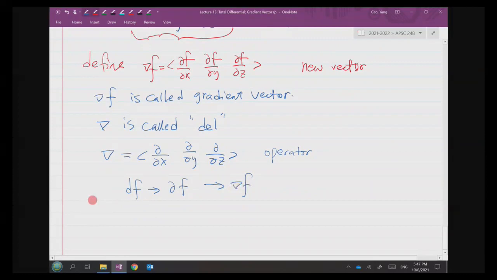But let's look at it operationally. How do we use this del operator? It's very straightforward. Basically, you calculate the partial derivatives. So let's take a look at a very, very simple example.